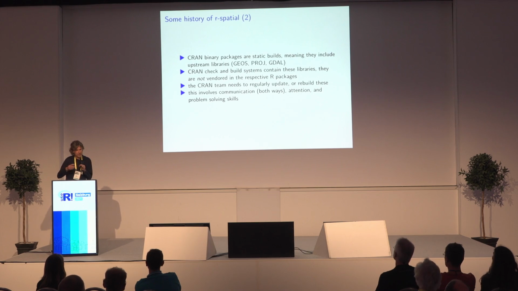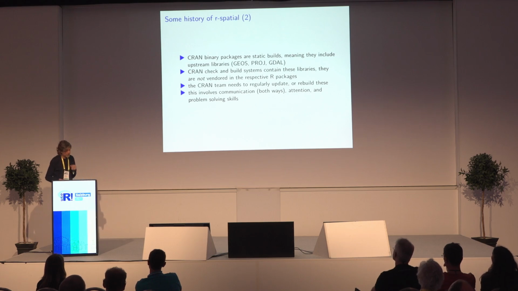These static builds really come with these entire upstream libraries, and as a consequence, sometimes they're like 100 megabyte or something like that. That is a good thing. That also means at some stage some duplication, and also that's a lot of work to make these build systems and to build these packages consistently, given that GEOS, Proj and GDAL develop all the time, right? So they're in active development all the time.